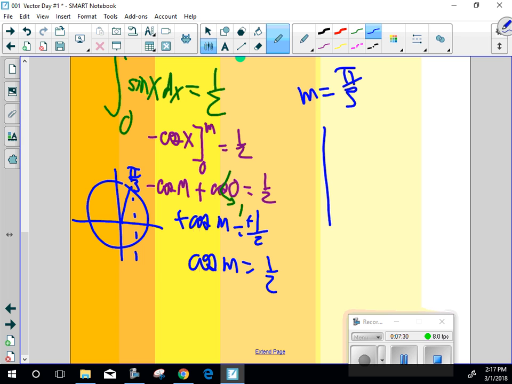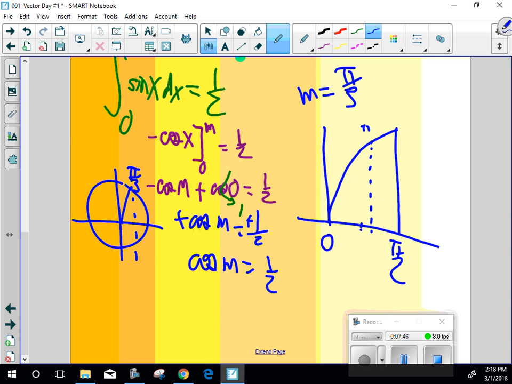This doesn't make any sense, though, because when we went 0 to pi over 2, here's pi over 4, pi over 3 is right here. Oh, I guess it does make sense. It's perfect, actually. Good? And there you go.